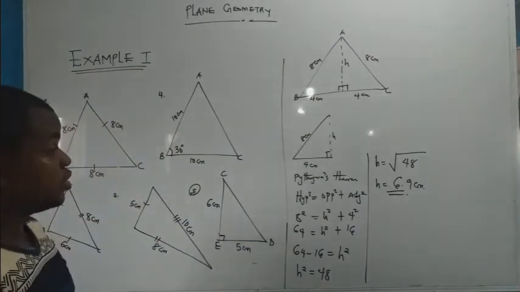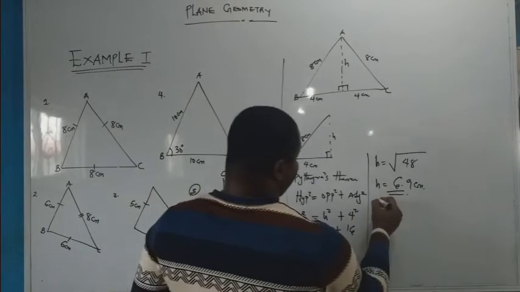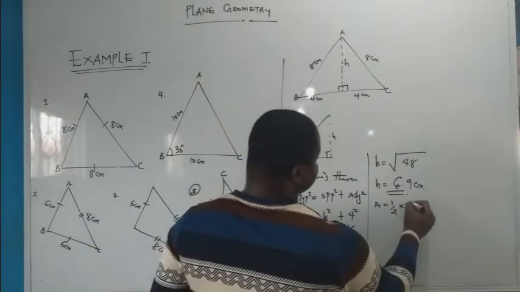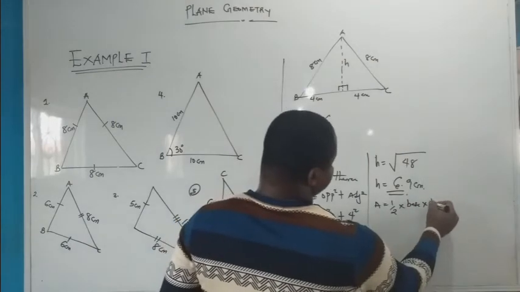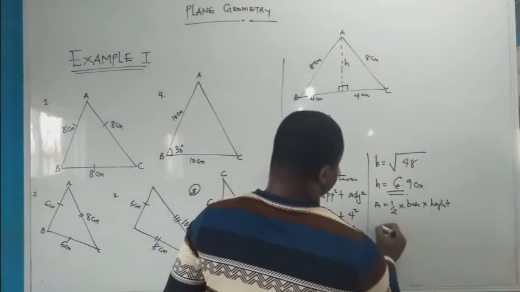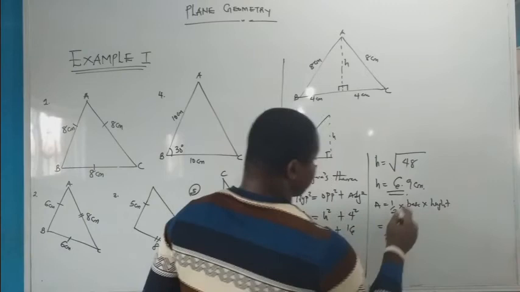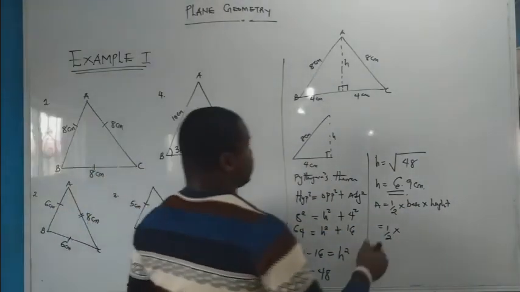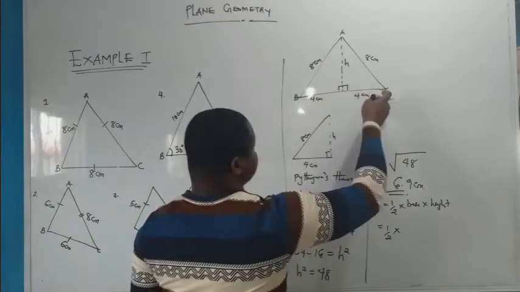So what is the area? The area is equal to half times the base times the height. Okay, any side could be the base. This is the base.